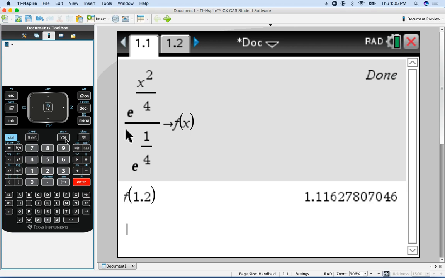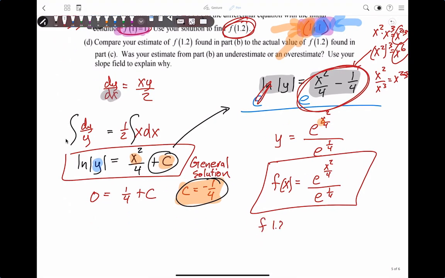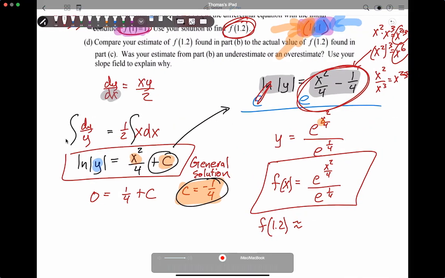It's 1.116. Now, remember on the AP exam by default, you should do at least 3 decimal places, unless it's otherwise specified. So f of 1.2 is approximately 1.116.